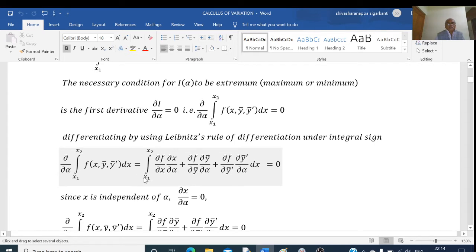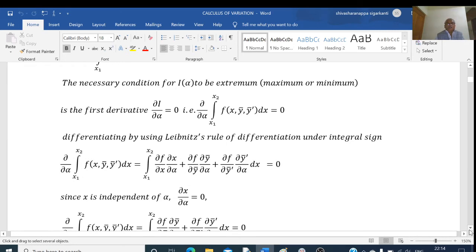Therefore, we have integral x1 to x2 dou f by dou y bar into dou y bar by dou alpha plus dou f by dou y bar dash into dou y bar dash by dou alpha into dx is equal to 0. And we have this dou y bar by dou alpha is equal to pi of x. Dou y bar dash by dou alpha is equal to pi dash of x.